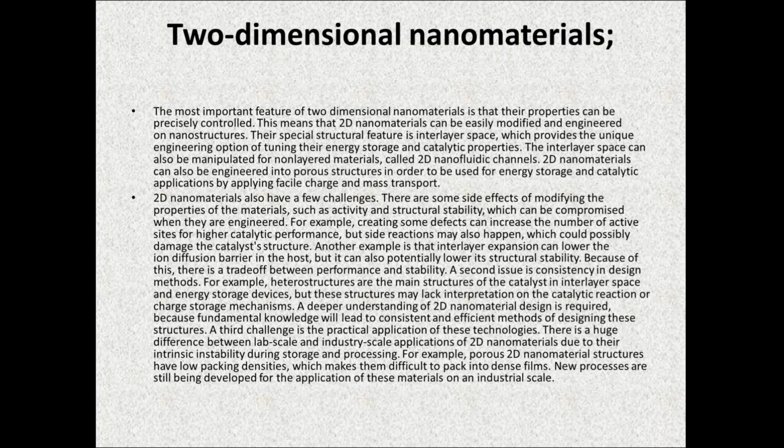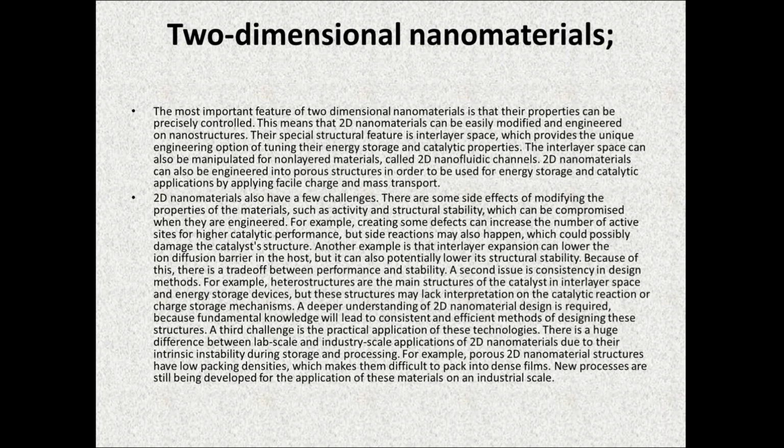The interlayer space can also be manipulated for nanolayered materials, called 2D nanofluidic channels. 2D nanomaterials can also be engineered into porous structures in order to be used for energy storage and catalytic applications by applying facile charge and mass transport.